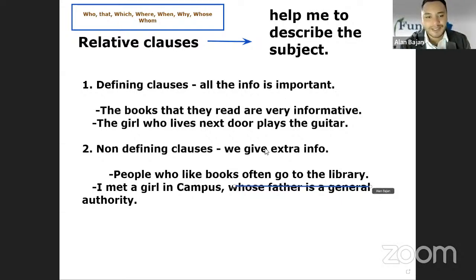Please write your example with non-defining clause in the chat, please.